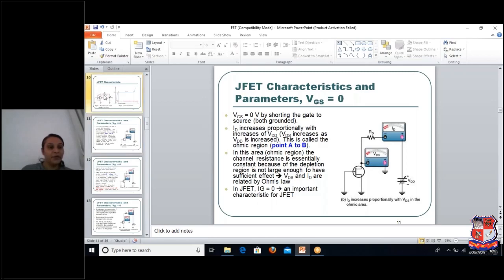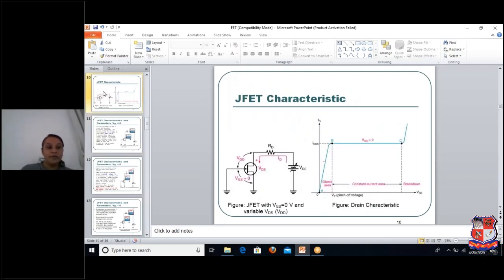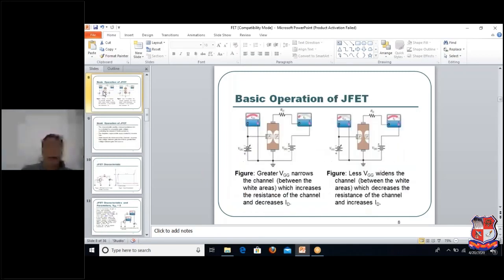So according to our symbols, here we neglect this symbol because we put VGS equal to 0, right?